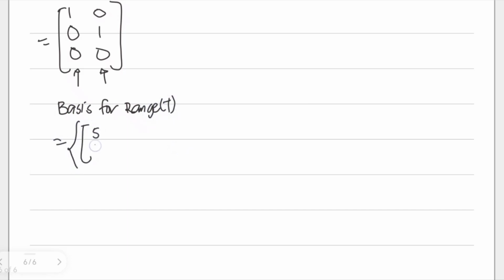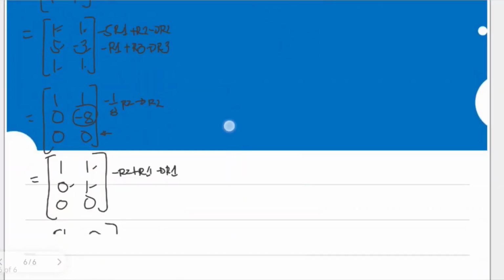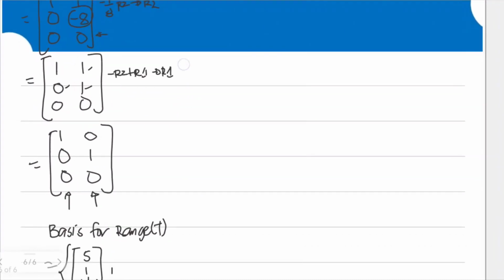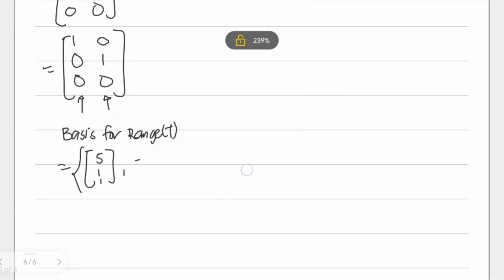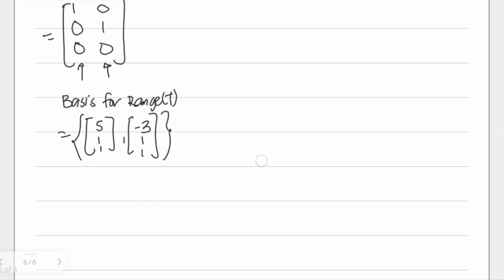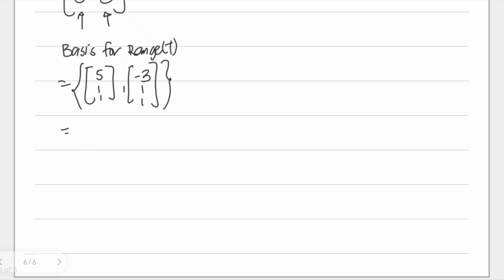You have 5, 1, 1, and then -3, 1, and then 1, from our initial matrix.